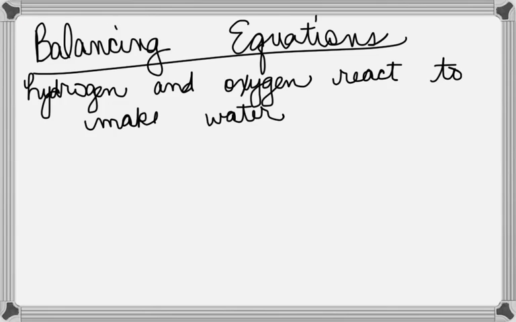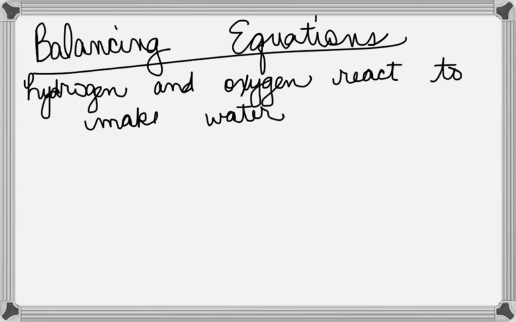Could you take that sentence and write it in chemical equation form? Okay? Try it. Take like 10 seconds and write it and let's see what you come up with.